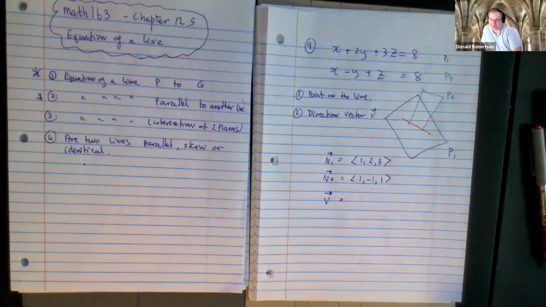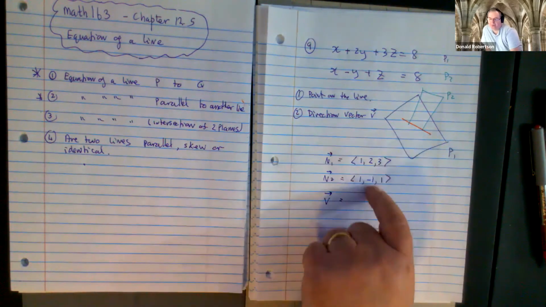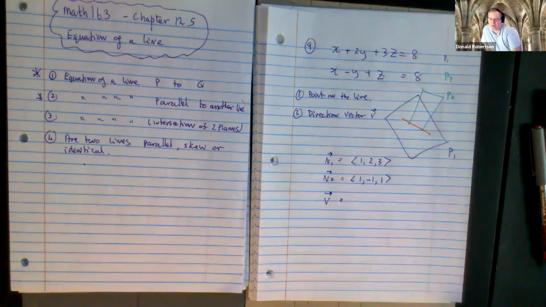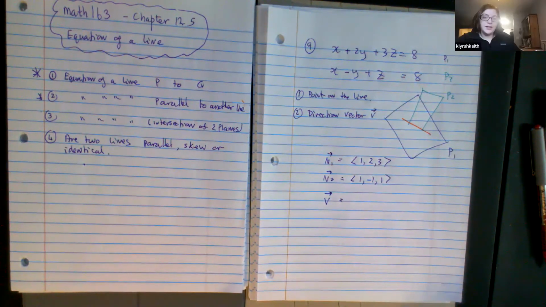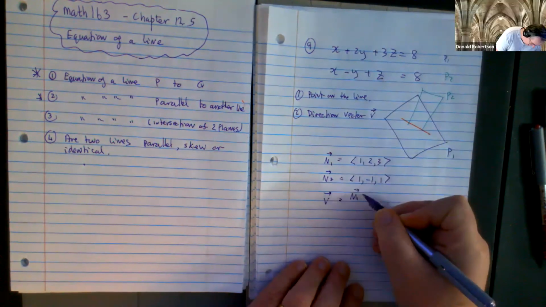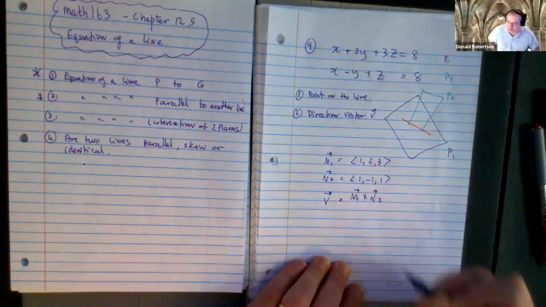What vector is perpendicular to these two? We've met this calculation before. What vector is perpendicular to n1 and n2? The cross product. Yep. When in doubt, just find the cross product.